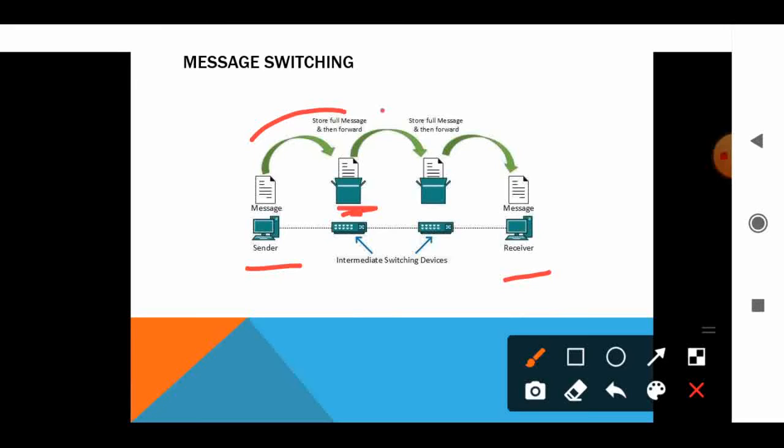Then it will find the next path and send the message to the next switching office. Then it will find the destination node, that is, the receiver. This is the way a message is sent from sender to receiver. In between, the message is stored in a buffer, a temporary storage area. This process is called the store and forward method.